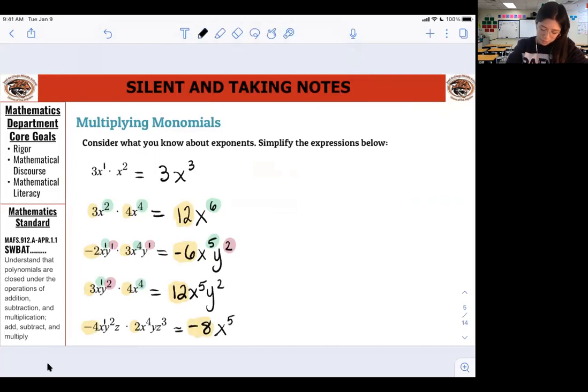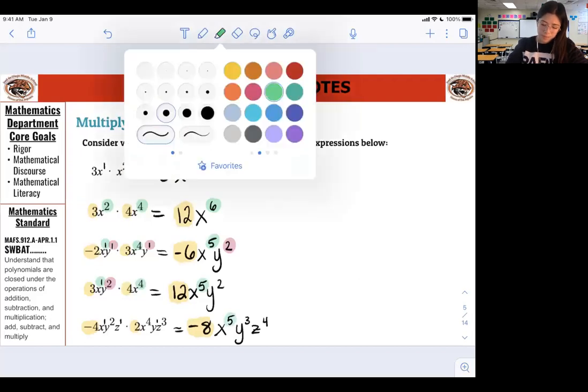So in total, I have a 5. How about the y's? 3, good. And then finally, the z's, 4. Anytime you don't see an exponent, you just want to fill it in as a 1, just to make sure you're not missing any of those invisible exponents.